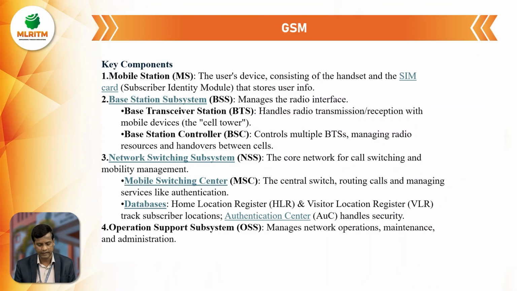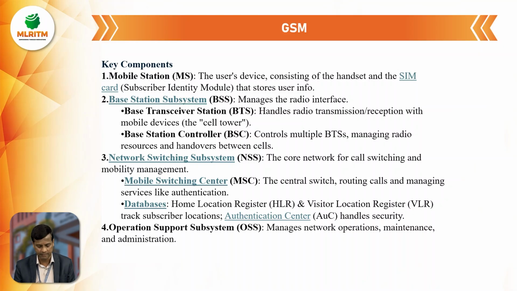And the third one is the network switching subsystem. It is the core network for all switching and mobility management. Call switching and mobility management happen in the network switching subsystem. Next is the mobile switching center, the central switch routing calls and managing services like authentication.